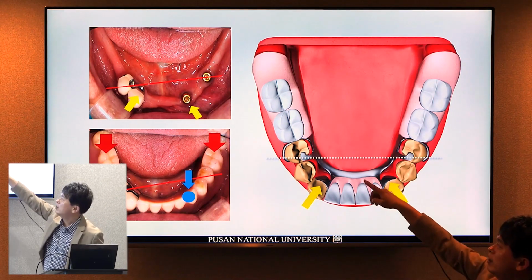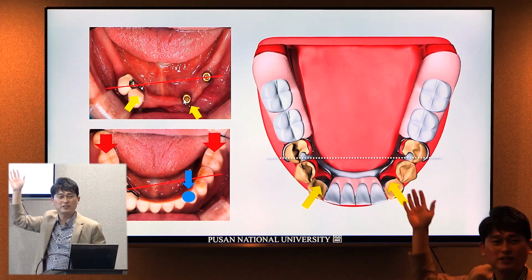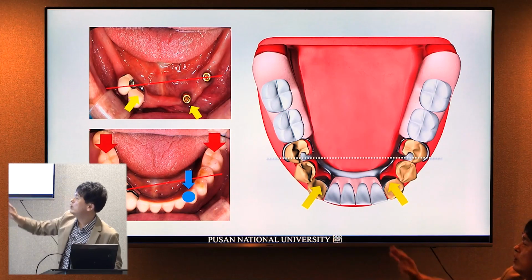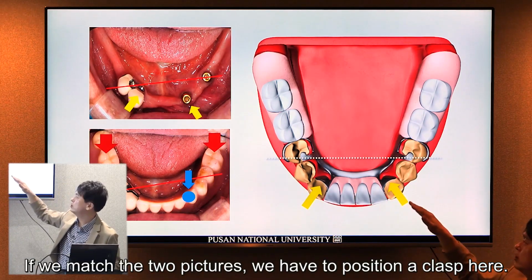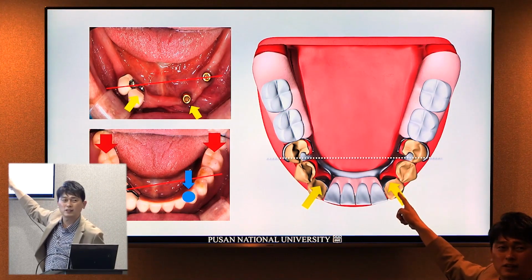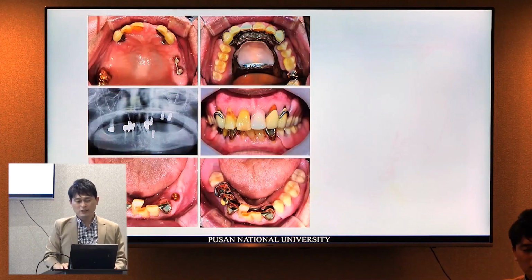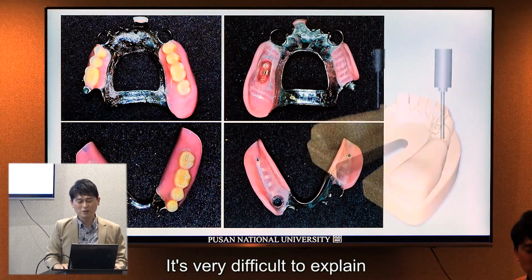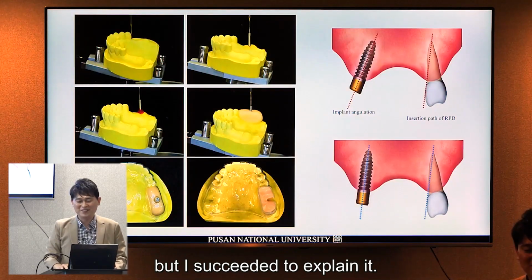If this picture showed the connection with the healing cap, it would be the same function. But if we match the two pictures, we have to position the clasp here. Understand? Yes. Okay. It's very difficult to explain, but I succeeded in explaining that.